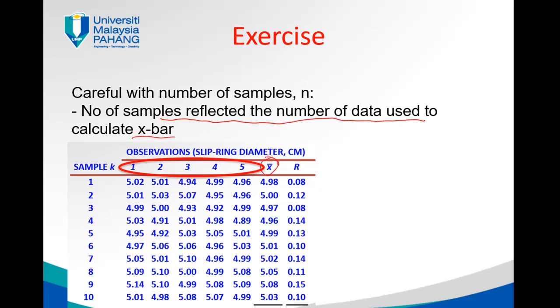In order to calculate x bar, we take this number and divide by 5. So the sample size is 5, not 10. The 10 is the number of observations that were made.